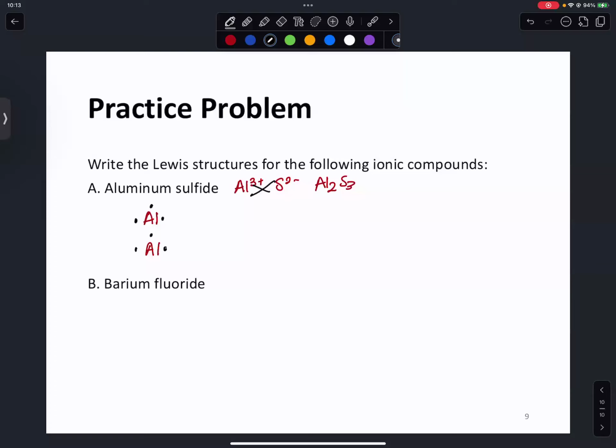Okay, and then we have 3 sulfurs. So sulfur is in the same group as oxygen, so it's in group 16, so it has 6 valence electrons. So we have here sulfur, 1, 2, 3, 4, 5, then 6, and then we can copy and paste this. Okay, and then 1 more.